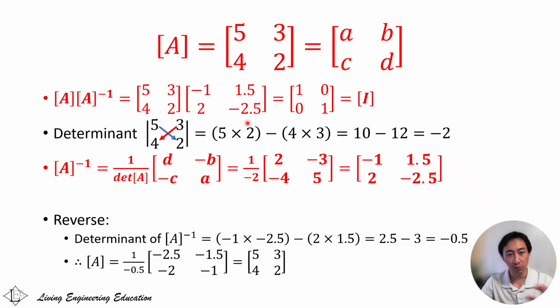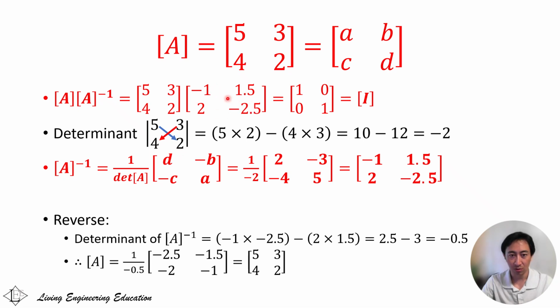We could do the reverse to make sure that it works in the same way, right? So I could take the determinant. Just take these same 2 steps, but now instead of taking it for the matrix A, we'll take it for the inverse matrix, because the inverse of the inverse should be the original matrix. That's the idea here. So if I take the determinant here, this is my matrix right here.